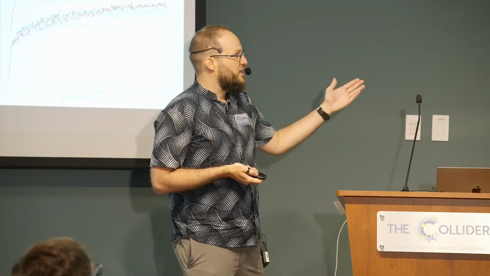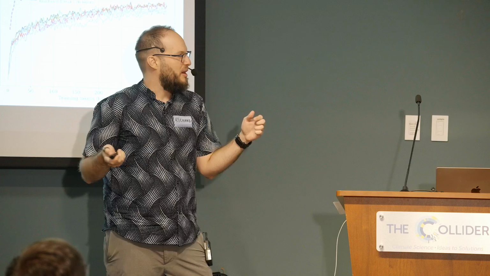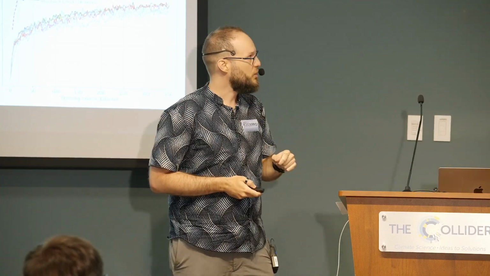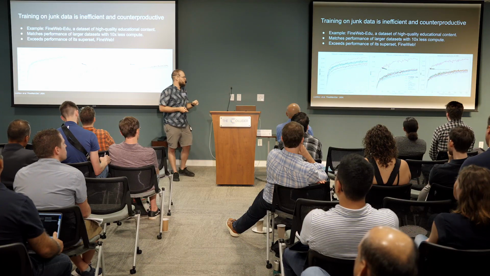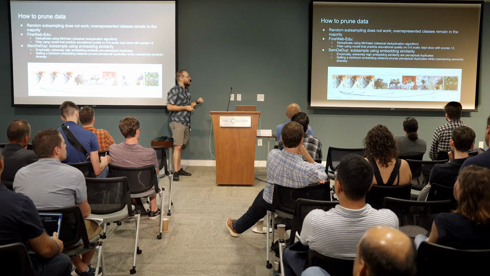What's remarkable about this, and I think it bears repeating, is that this is a subset of FineWeb. They took a big data set, got a small subset of it, so it's less data, and they were able to match the performance with 10x less compute, and then it kept on growing. I think this is a really cool result that highlights this.